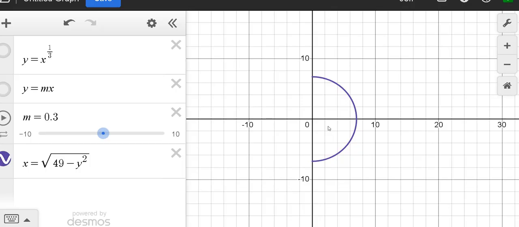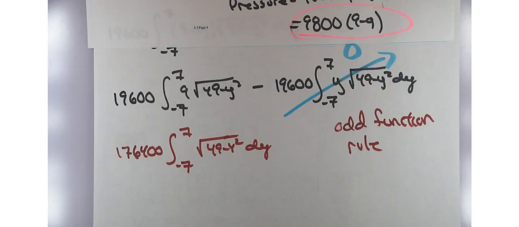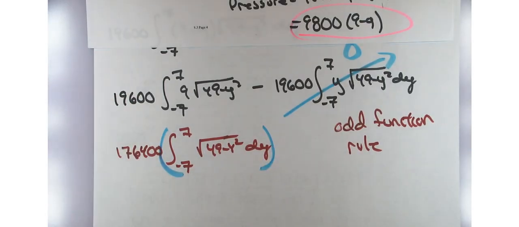What's the radius in this case? 7. So that calculation can be replaced by 1/2 pi times 7 squared.